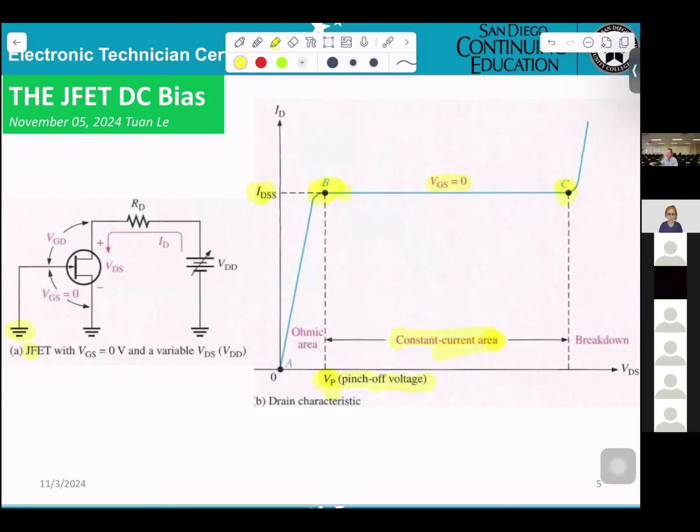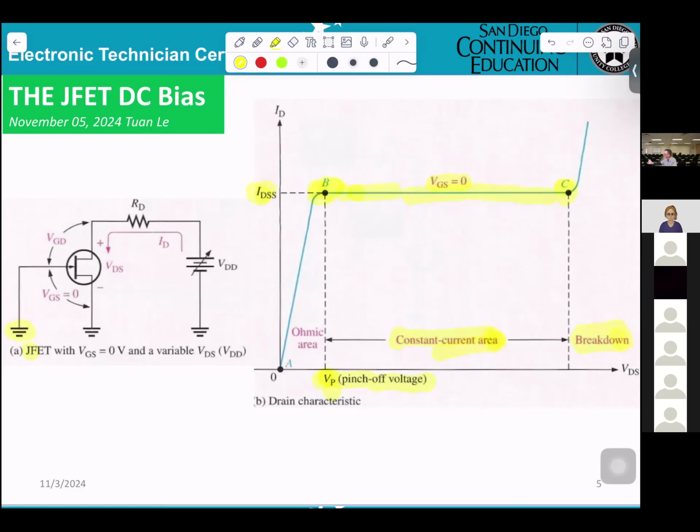That means the current is not changing anymore, and it will be equal IDSS. At this point VGS equal 0. And if you want to increase VDS more, you get into the breakdown.